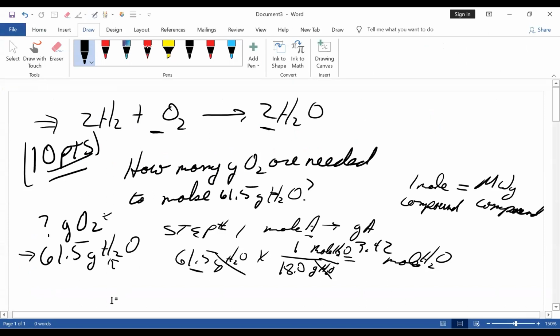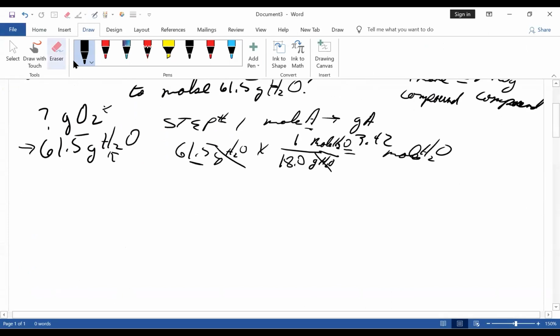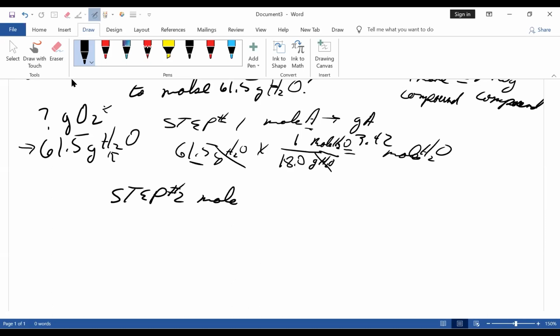Now, are we done? No, because we're trying to get grams of oxygen. Now it's time for step number 2. Whatever we just calculated, in this case, A is water, we convert it to the moles of B, whatever we're trying to get to.